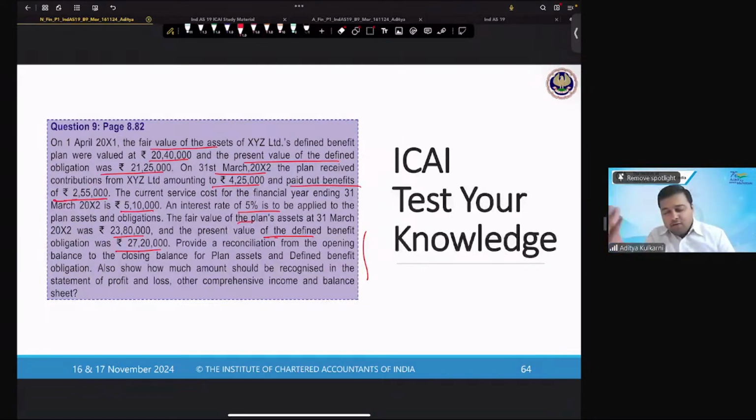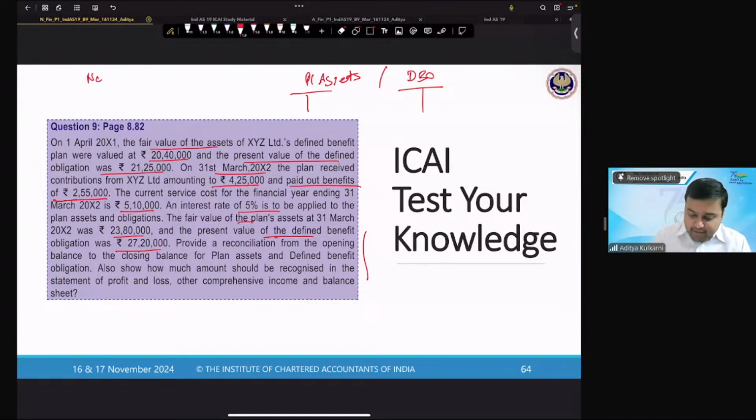So coming to the other part, if now just think about it. If I'm doing the presentation on a net basis, will I have benefits paid out appearing in the ledger? Suppose I don't have separate GLs for plan asset and DBO. I will make a single GL, a simple GL for net DBO.